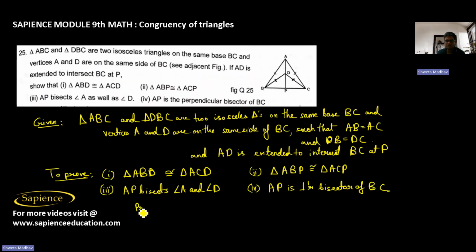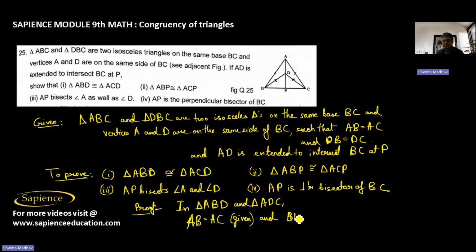First we will write, okay, so the proof will be, we will write that in triangle ABD and triangle ADC, you can see that AB equal to AC, which is given, and also BD is equal to CD, which is also given, and AD is the common side.